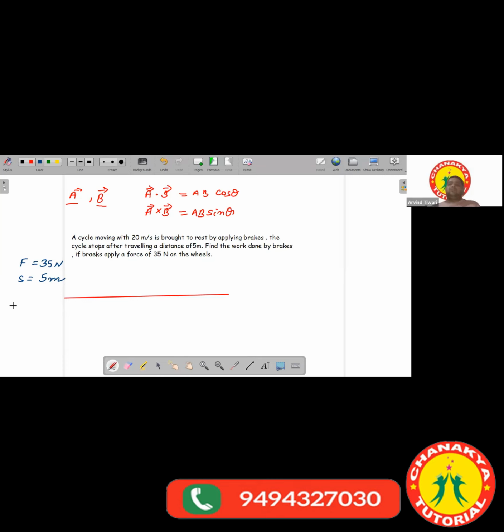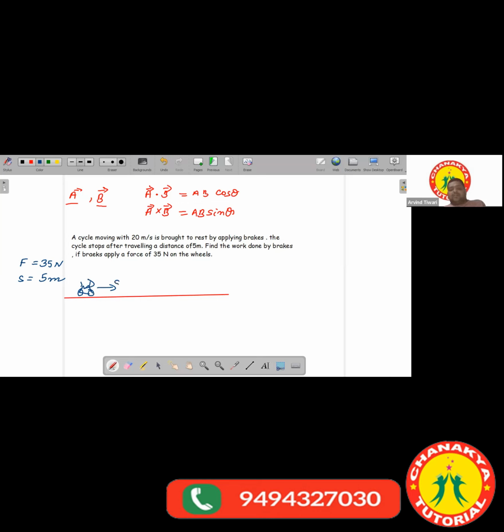But there is just one thing we need to see. The brakes are applying a force in a direction opposite to the direction of motion. The brakes are applying a force so as to oppose the motion of the cycle. Suppose the cycle is moving along the positive direction, the right direction, and you apply the brakes.